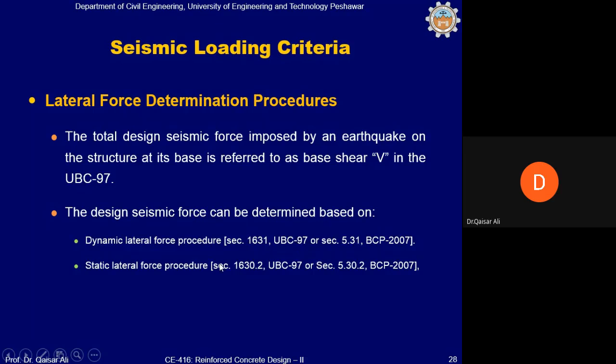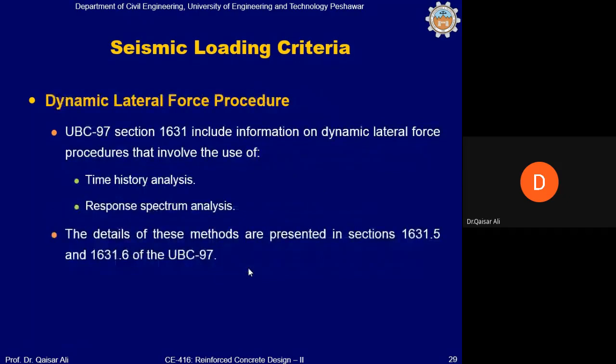Static lateral force procedure is another procedure. There are two procedures, dynamic and static. Both are allowed in the code, and they are applicable in their specific situations. The dynamic lateral force procedure is then further subdivided into two types. One is called time history analysis, and the other is called response spectrum analysis.